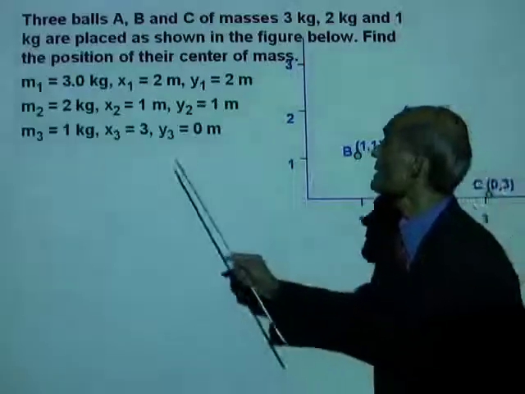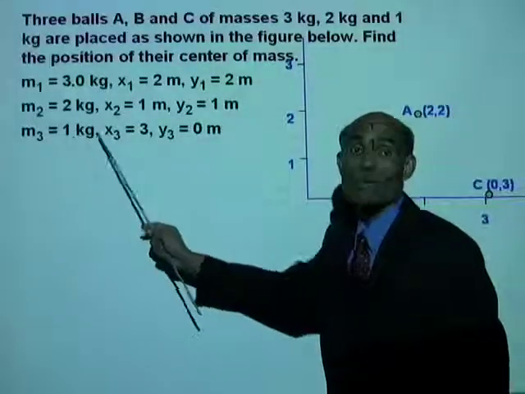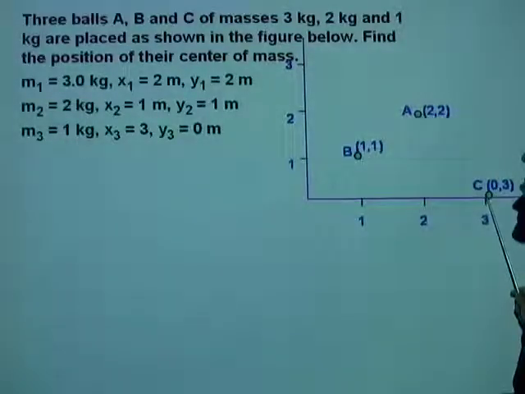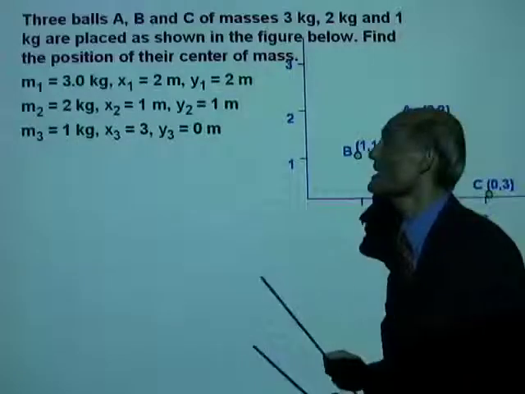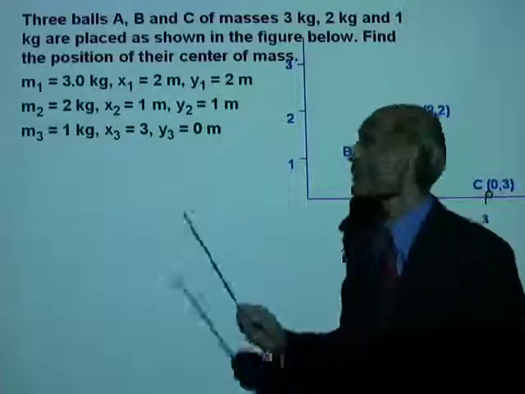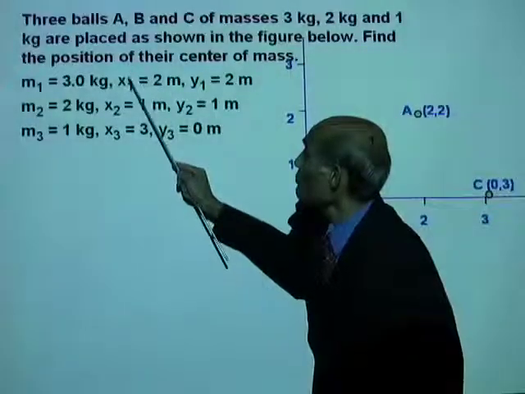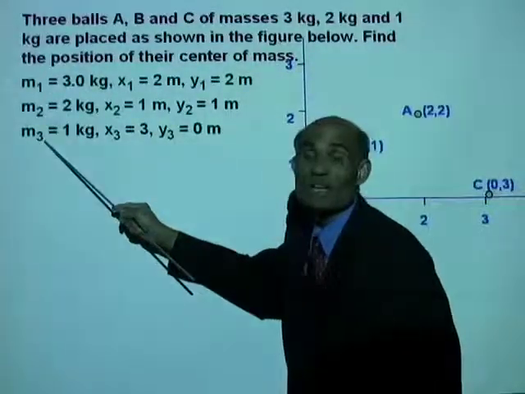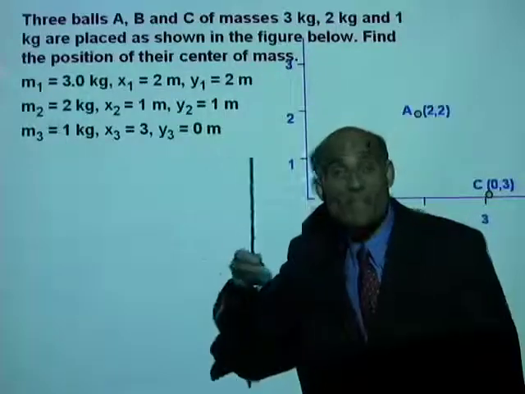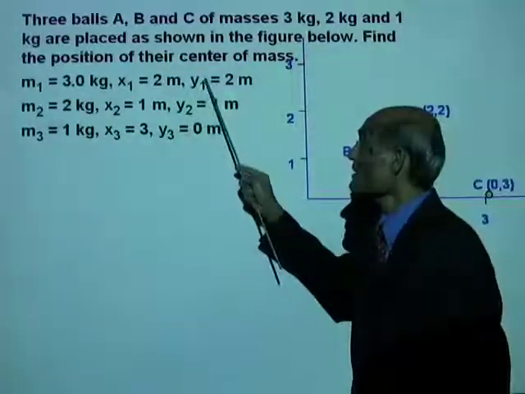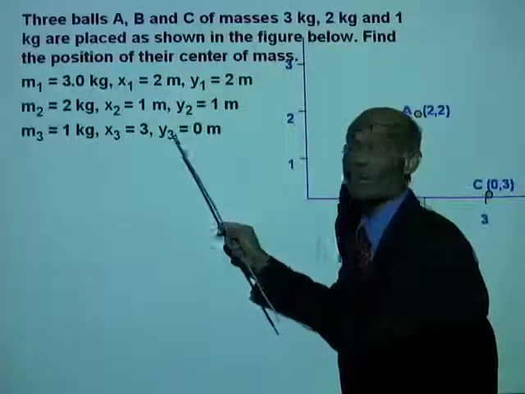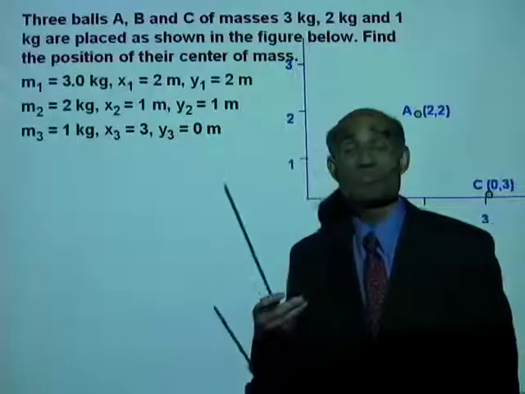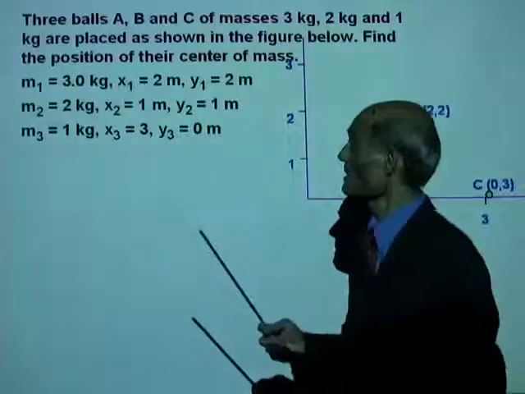How about m3? m3 is 1 kilogram, x3 equal to 3 meter and y3 equal to 0. Once you have x1, x2, x3 and m1, m2, m3, we can find the position of the x center of mass. And with y1, y2, y3 and m1, m2, m3, we can find the y center of mass.